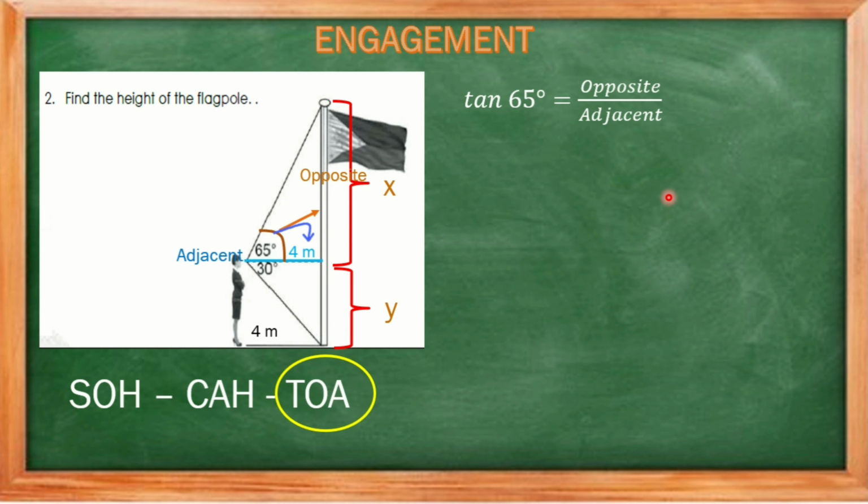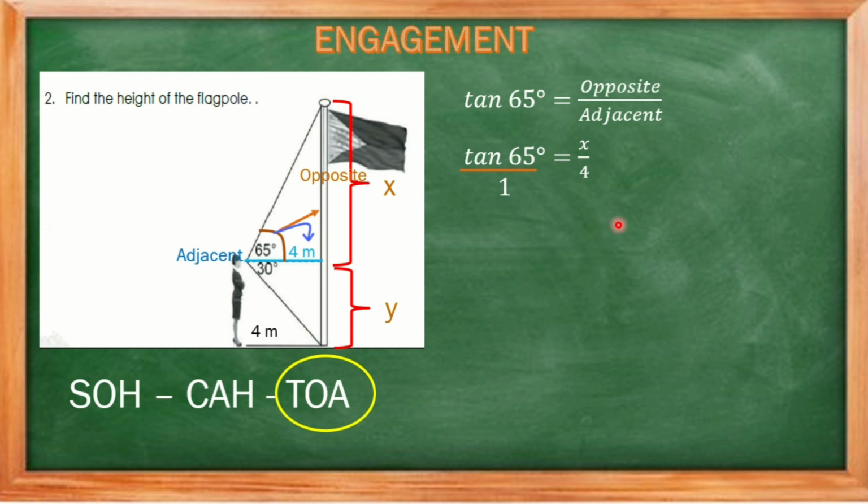So, we have tan 65 degrees, dahil yun yung reference natin dito sa malaking triangle. So, tan 65 degrees is equals to opposite over adjacent. And by substitution, we have tan 65 degrees is equals to yung opposite natin is X and yung adjacent natin is 4 meters. So, dahil side ang hinahanap natin, magko-cross multiply lang tayo para mahanap natin yung value ng X na yun.